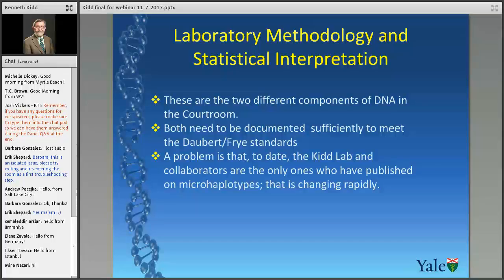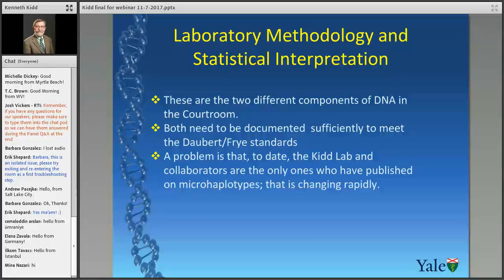And in those, there's also the question: is the laboratory methodology meeting those criteria? Are the statistical interpretations meeting those criteria? Those are two different components of DNA in the courtroom, and both need to be documented.